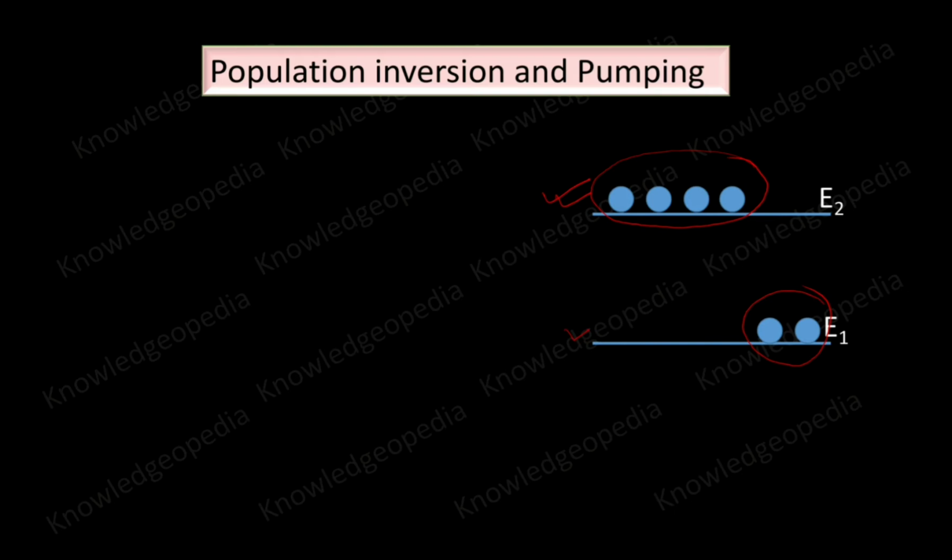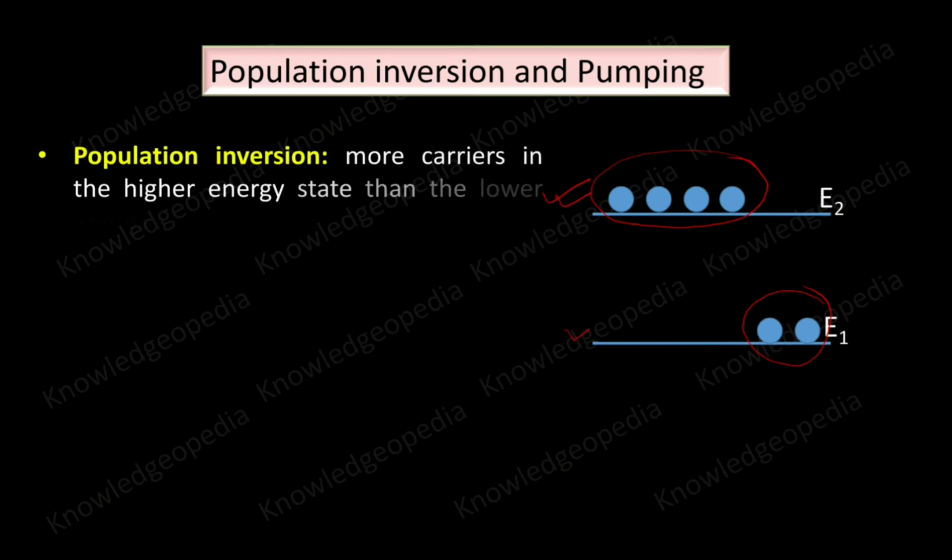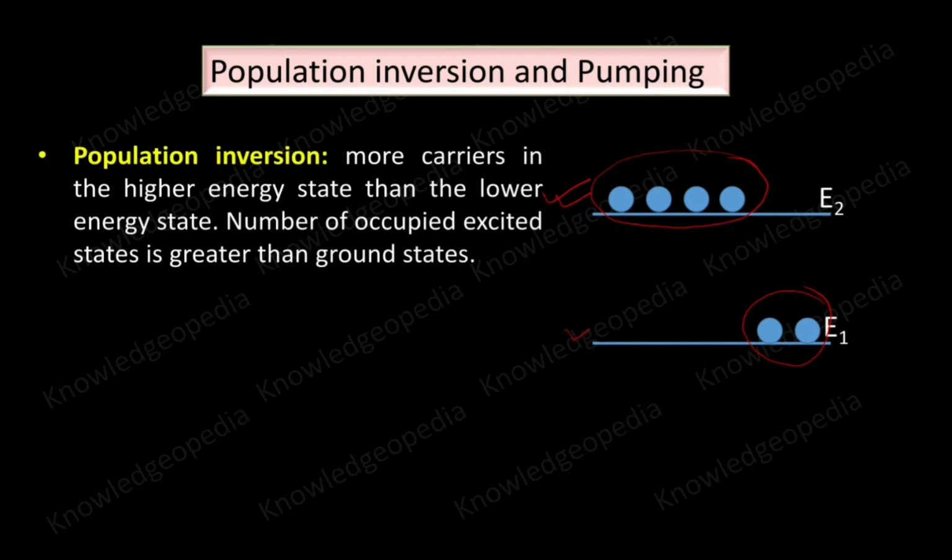that is known as population inversion. So population inversion is the case where more carriers are there in higher energy state as compared to the lower energy state, and the number of occupied excited states is greater than the ground states. This is for a single atom.